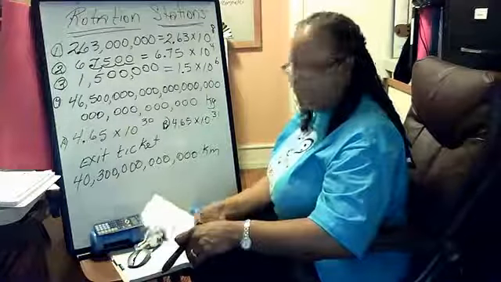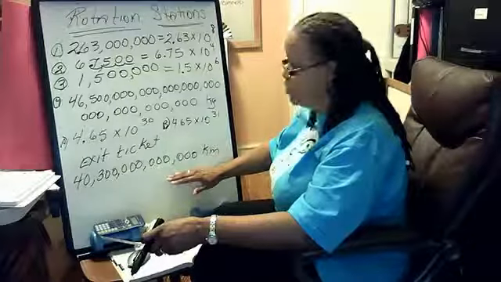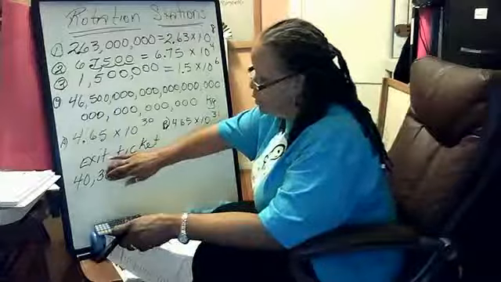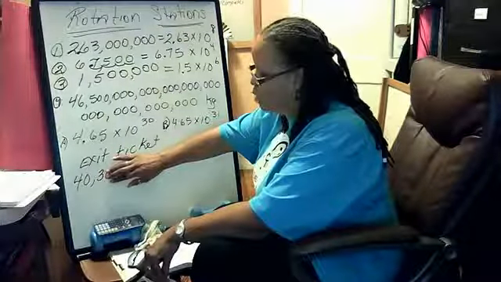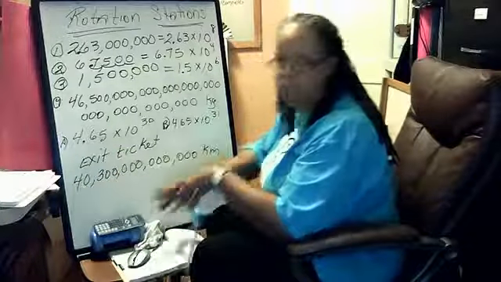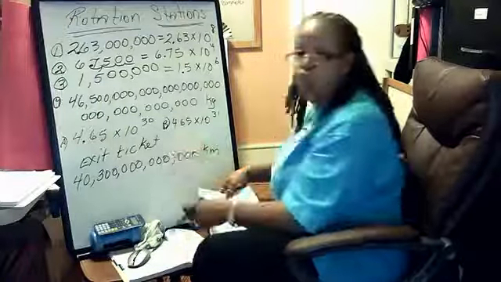So, what is the answer here? Write this number in scientific notation. Remember, go up to where the digits are not zero and begin to work your number between 1 and 10. I'm not going to do this one, but you are.